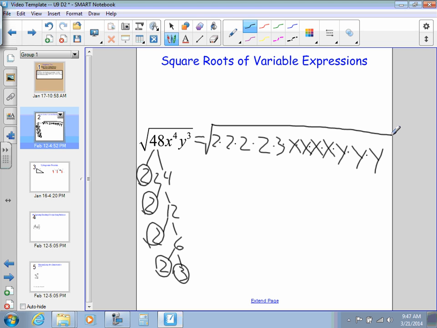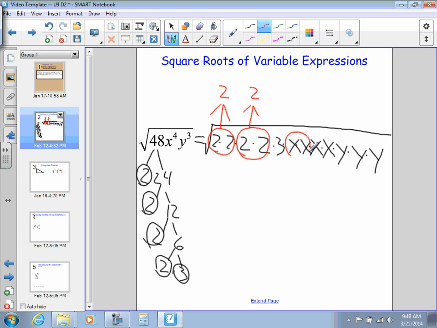So let's see what we have now. We have a set of 2 2's here, so the square root of that is 2. We have another set of 2's, its square root is 2. There's only one 3, so it's going to stay inside of the radical.